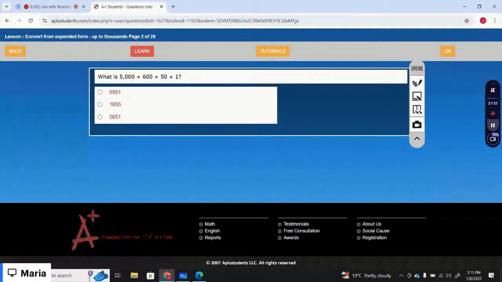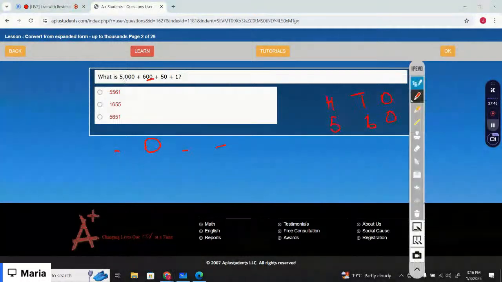What is 5,000 plus 600 plus 50 plus 1? So 5 is at the thousands place, 6 is at the hundreds, 5 is at the tens, and 1 is at the ones.